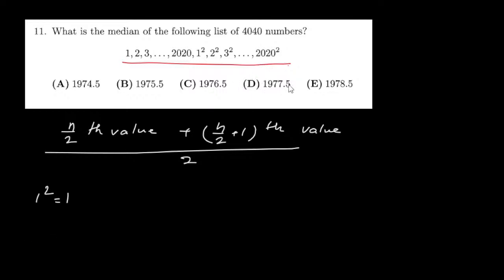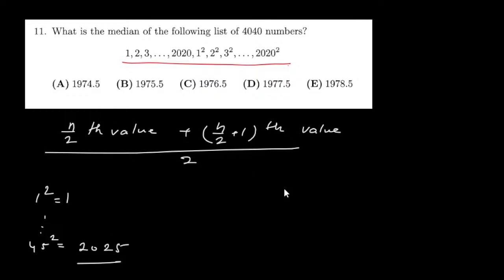So the perfect square which is near about 2020 is 45 square. 45 square will be 2025.